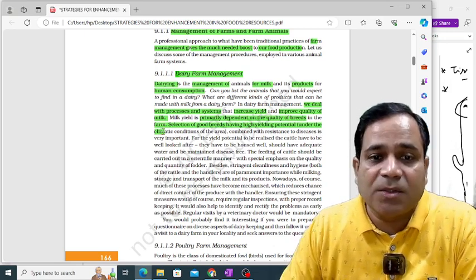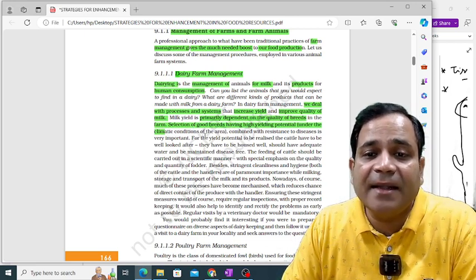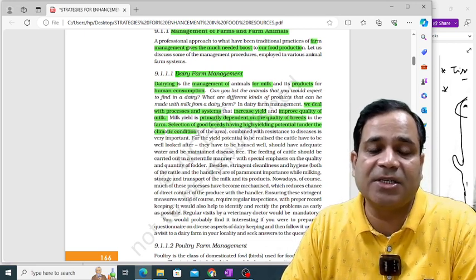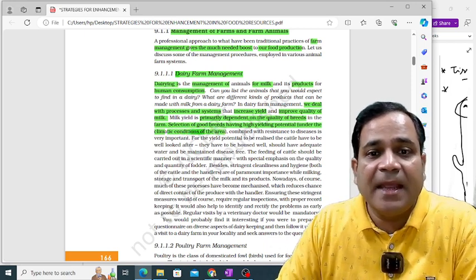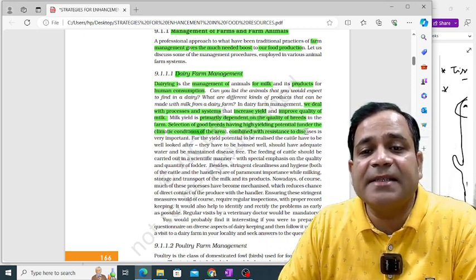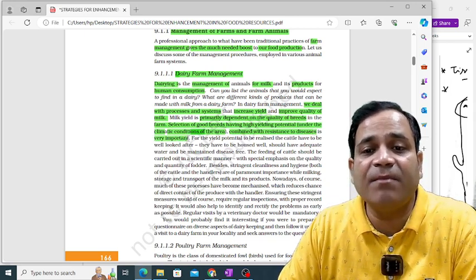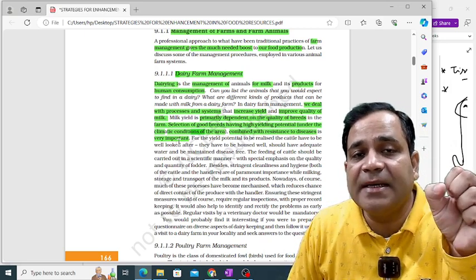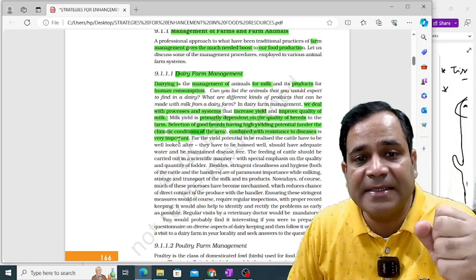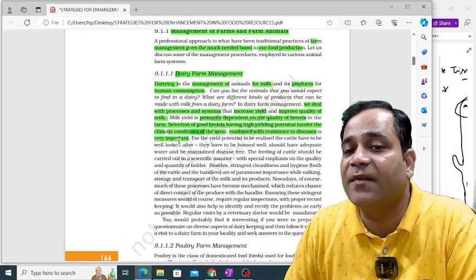So, selection of good breeds having high yielding potential under the climatic conditions of the area, combined with resistance to disease, is very important. Two things are important to understand: selection of a good breed with high yielding potential, and resistance to disease.